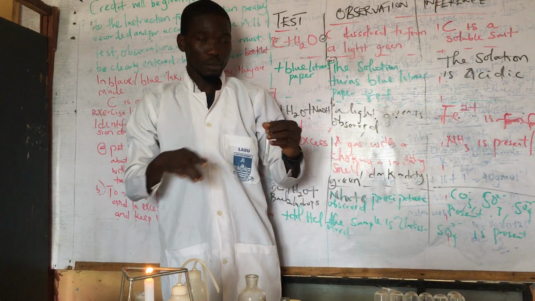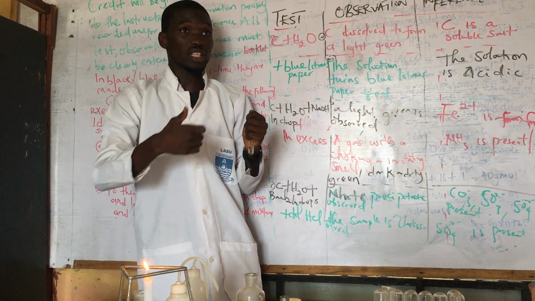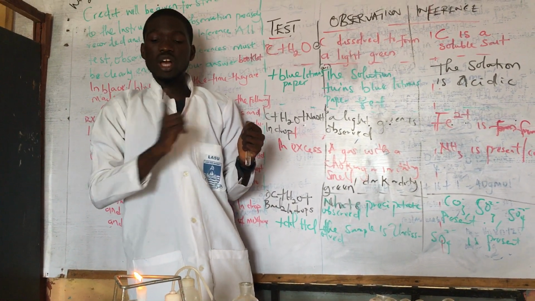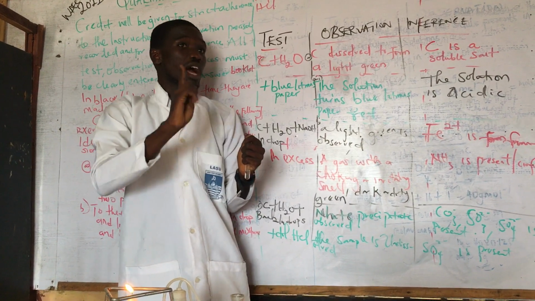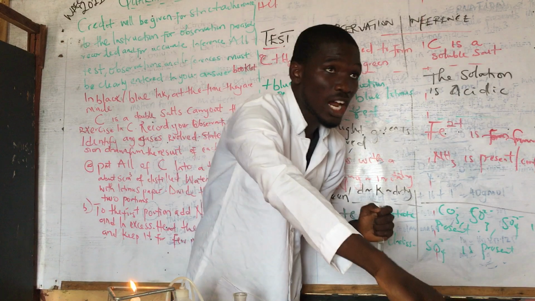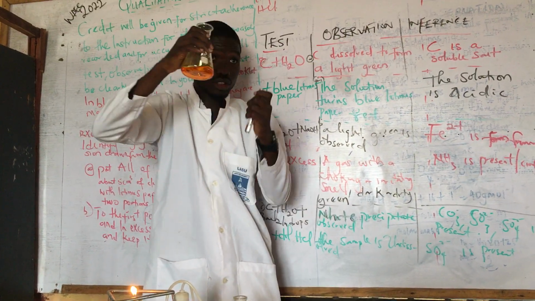So now let's confirm if our sample C is a good reducing agent or good oxidizing agent. Please don't forget, it is not stated in the question, but I would love to show you guys the effect of potassium dichromate. So you can see now from the color, we have orange. Are you with me now?